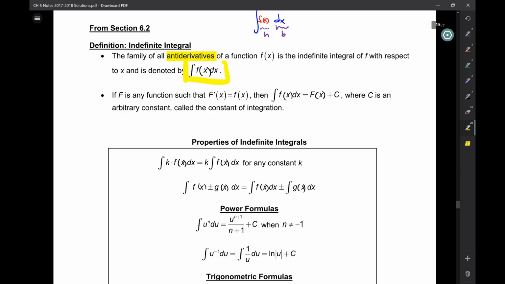Now, suppose instead of calling this f prime of x, I called it capital F of x. I could do that, right? I'm just going to call it big F, because my keyboard doesn't have the accent key. So let's just get used to that notation.